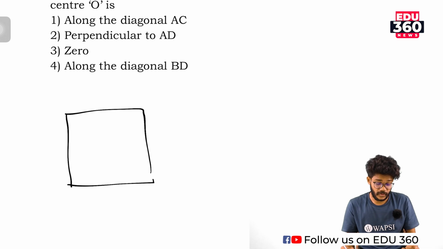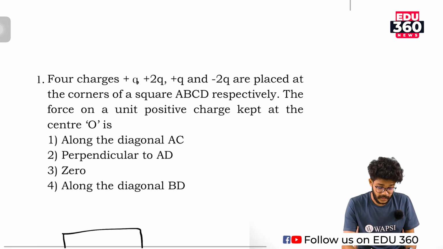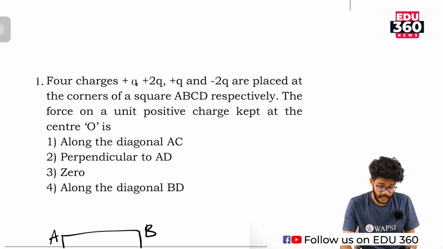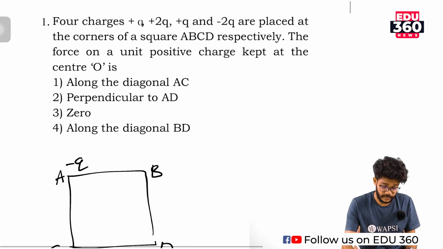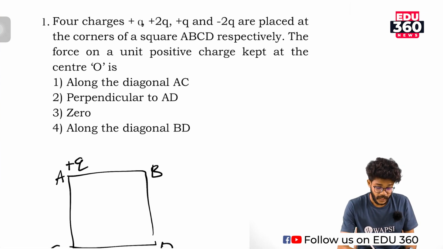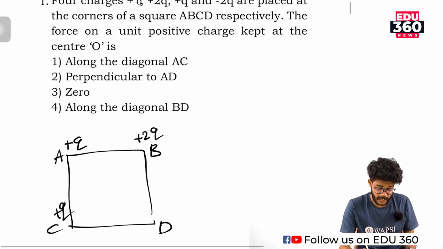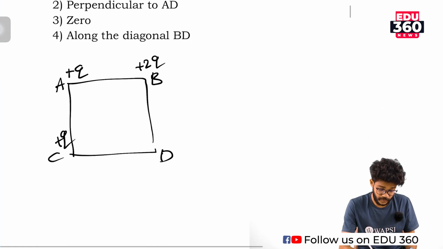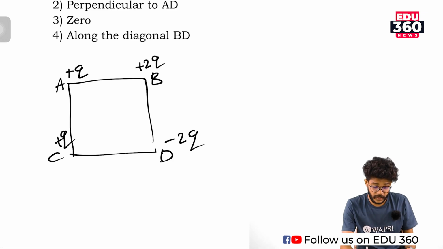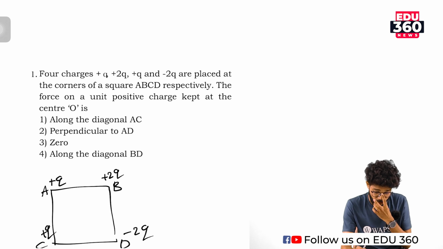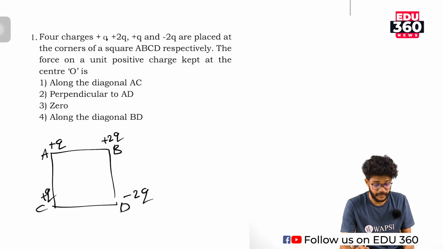Consider this is the square ABCD, and I'm marking this as A, this is B, this is C, and this is D. The plus q at A, the plus 2q at B, the plus q at C, and minus 2q at D are placed at the corners of a square ABCD respectively.